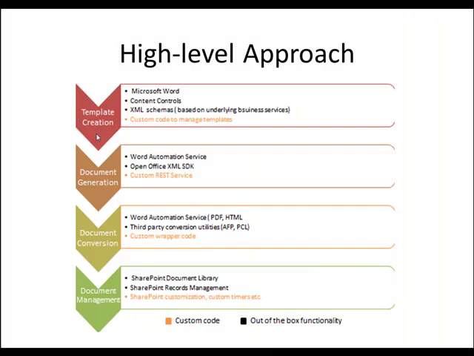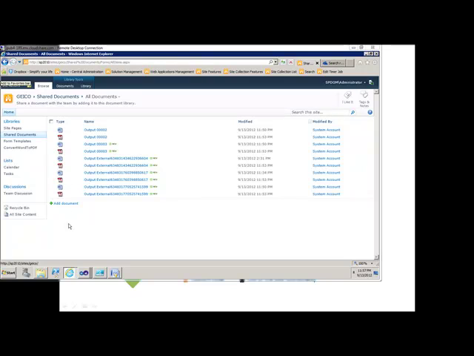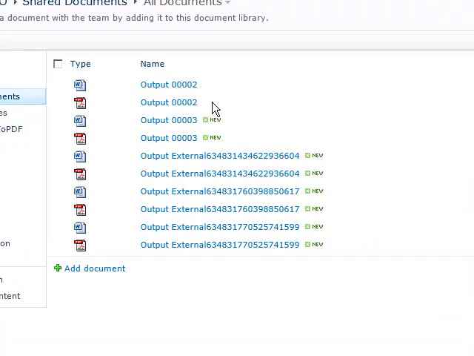So the last thing I'm going to show here is step 4, which is the document management portion of it. As I said earlier, SharePoint is acting as the document management system, so I can check out a document, I can version control it, I can even mark a document as a record. So I'm going to go back to my SharePoint portal here. So I'm now back in my SharePoint portal, and this was my document that was generated.